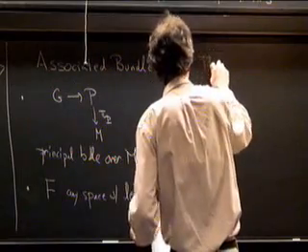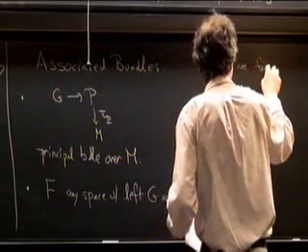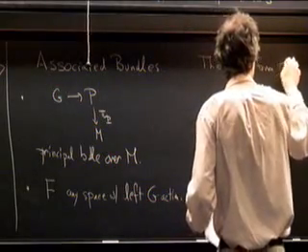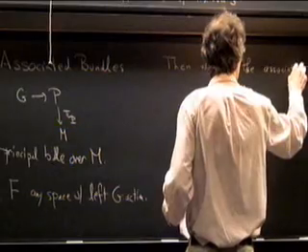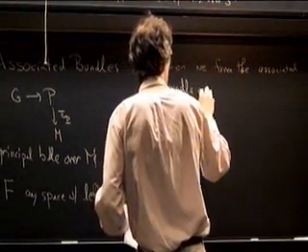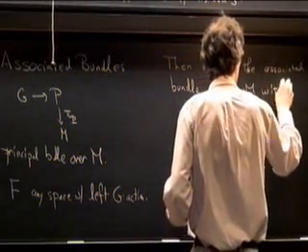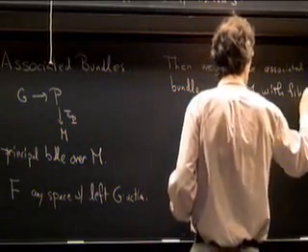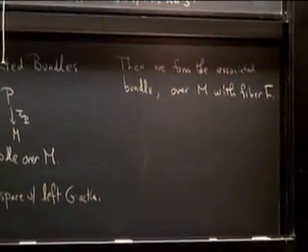Then we can form the associated bundle. Okay, so it's going to be a bundle over M with fiber F. And the construction goes as follows.